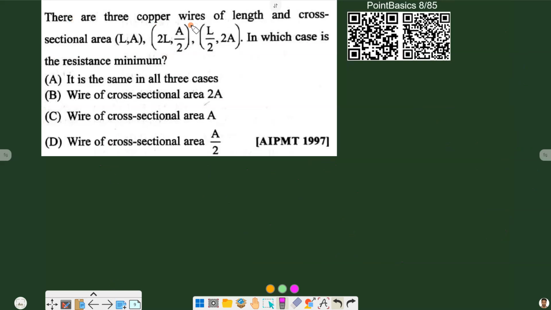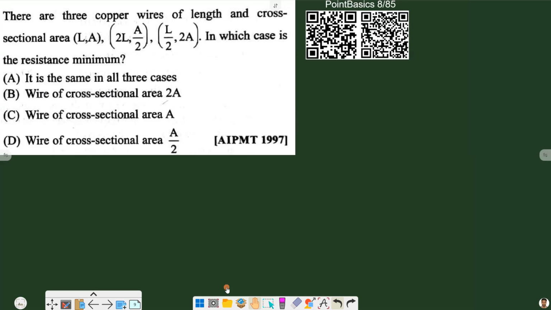There are 3 copper wires of length and cross-sectional area L, 2L, L by 2A, half A and 2A, in which cases resistance is minimum. So we have to find out minimum resistance, and for that what we will do? We will calculate resistance for all of these wires individually, and then we will compare them.